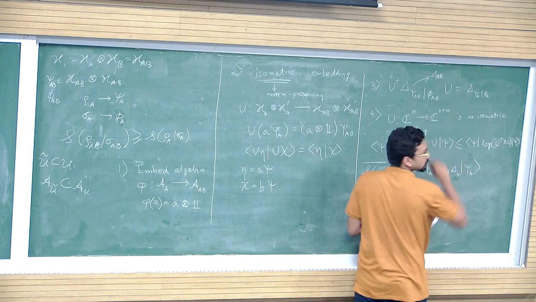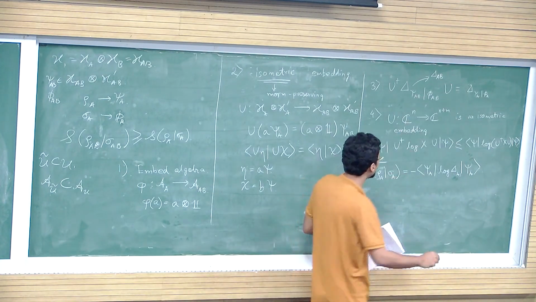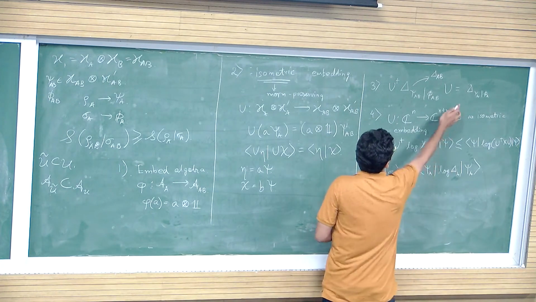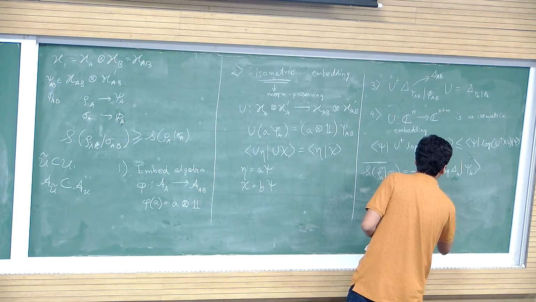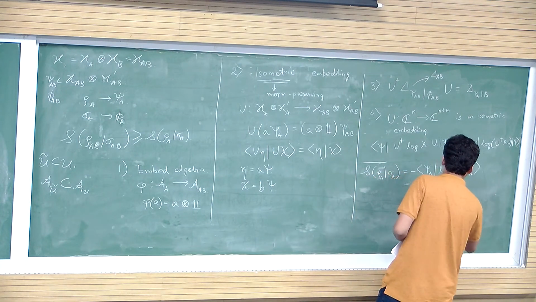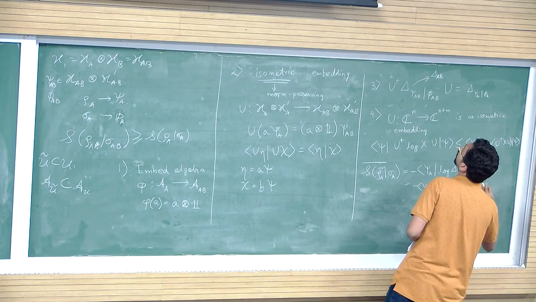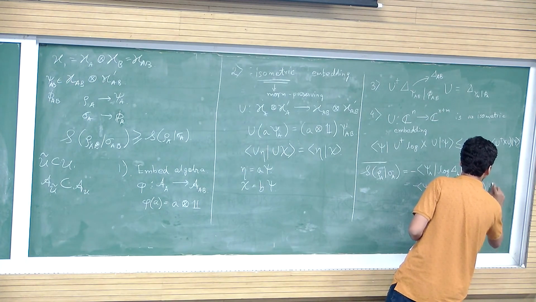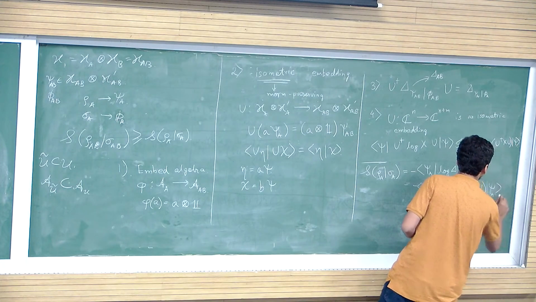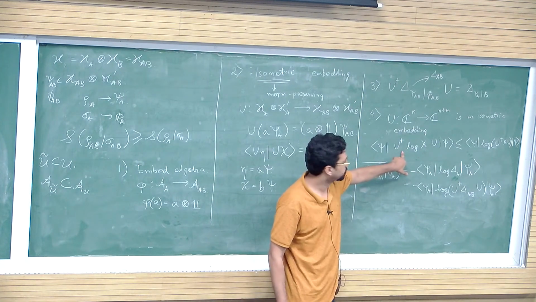Okay, it's obvious from the context what I'm referring to. You take this delta A, plug this here. So what you have is log u dagger delta AB u acting on psi A. Invoke this theorem.